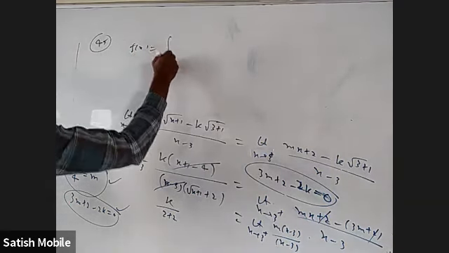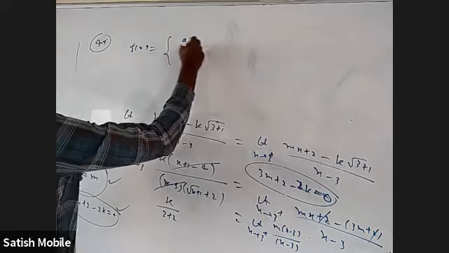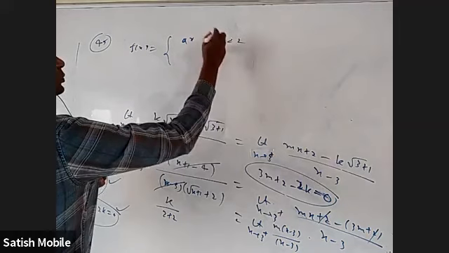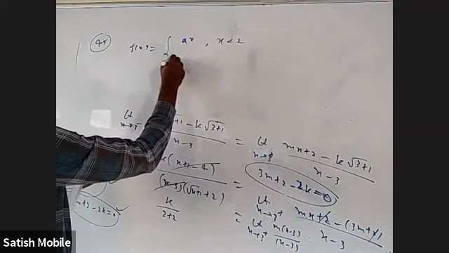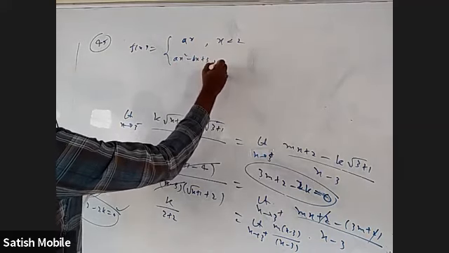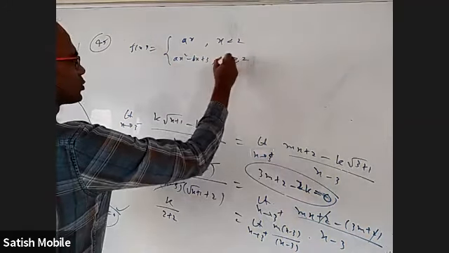f of x is equal to x when x is less than 2, and ax square minus bx plus 3 when x is greater than or equal to 2.